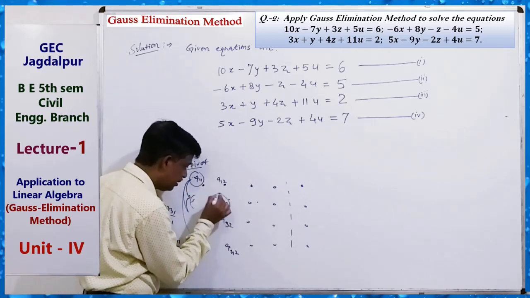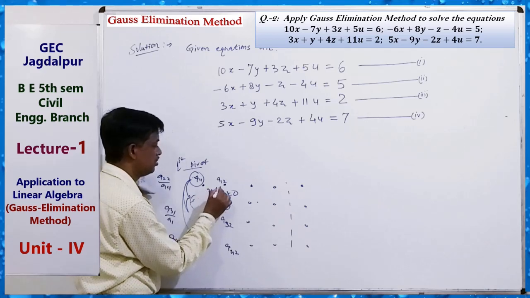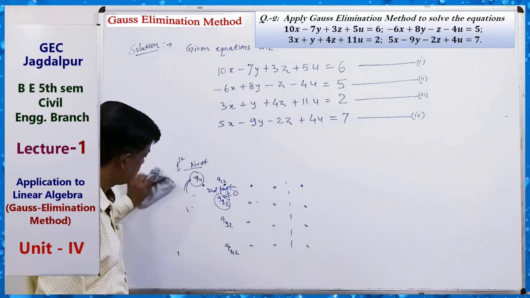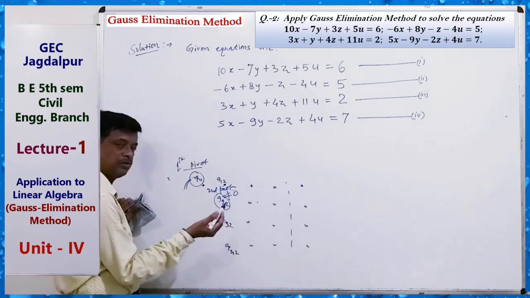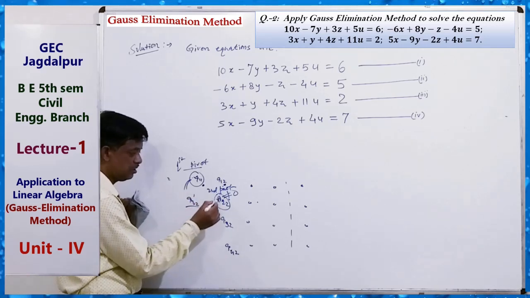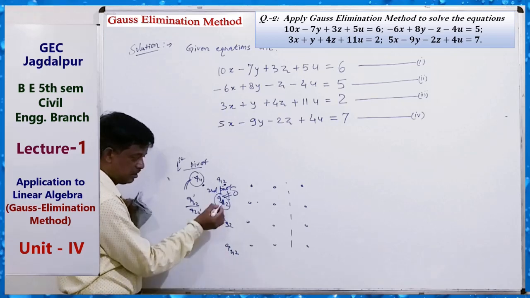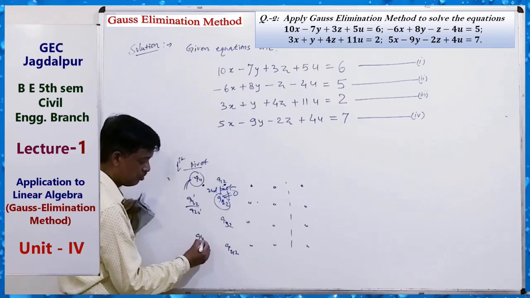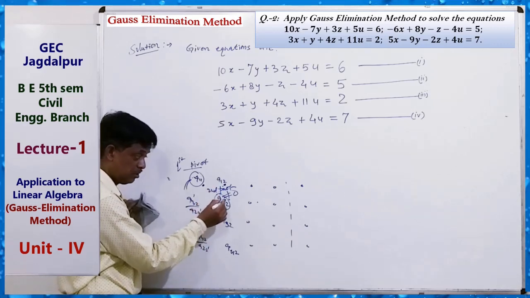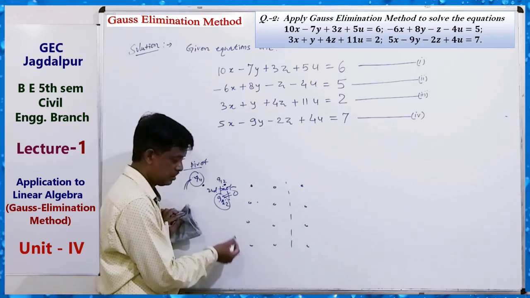Secondly, if this is not equal to 0, then this is the second pivot. By using this for making it 0, we can multiply it by A32 dash upon A22 dash. Similarly, it can be multiplied by A42 dash by A22 dash, because this pivot is not equal to 0.